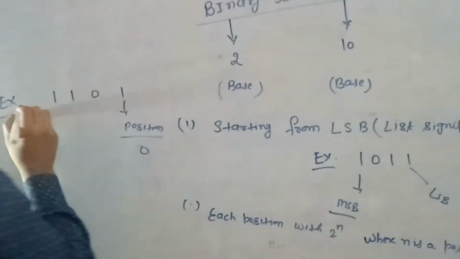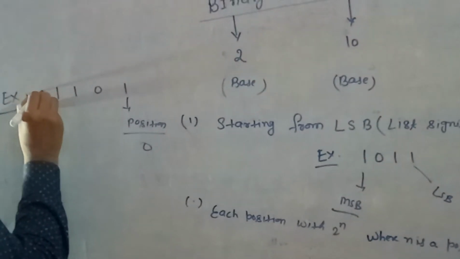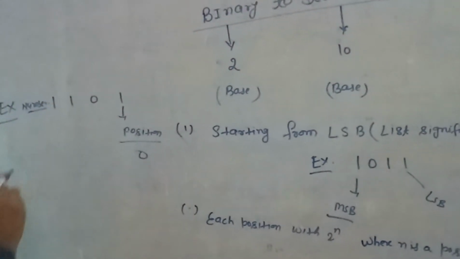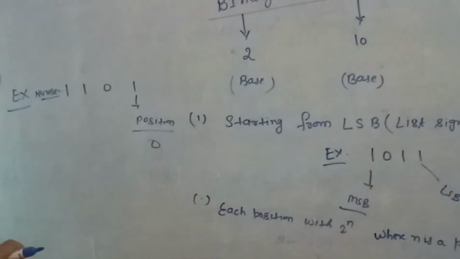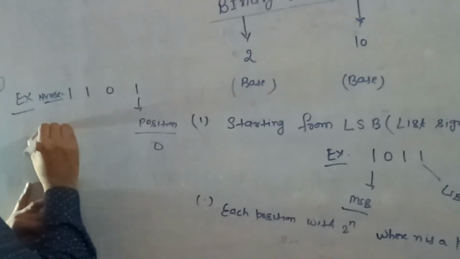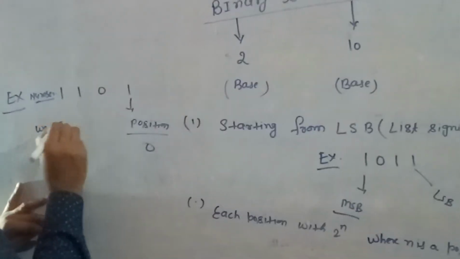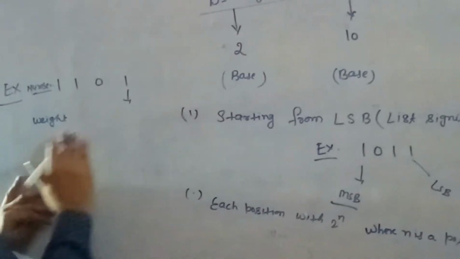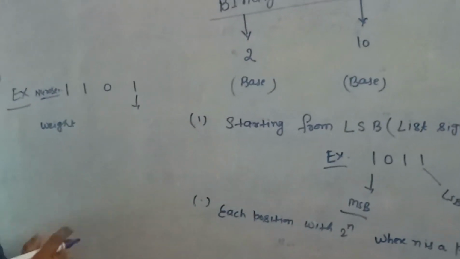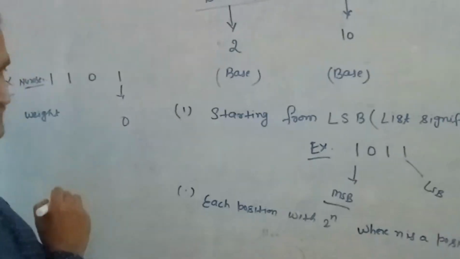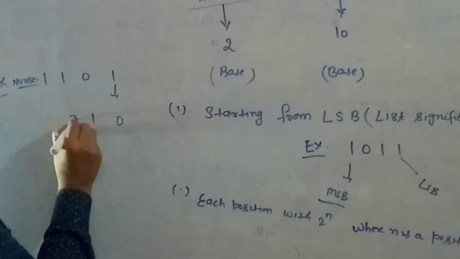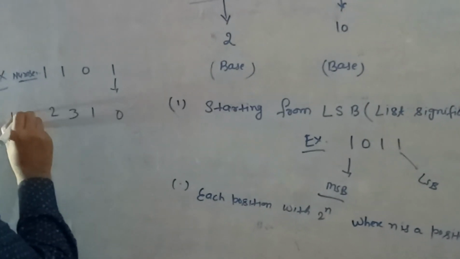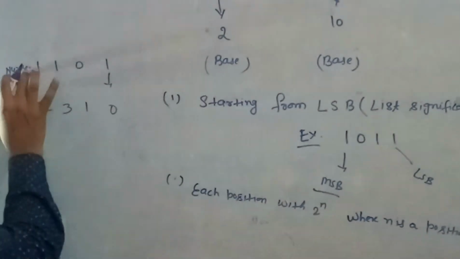This is the number 1 1 0 1, and these are the bit positions 3 2 1 0. Number and bit.